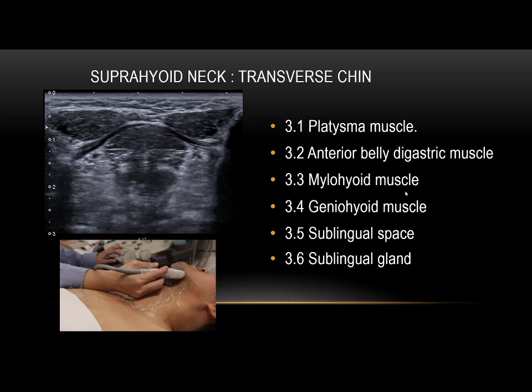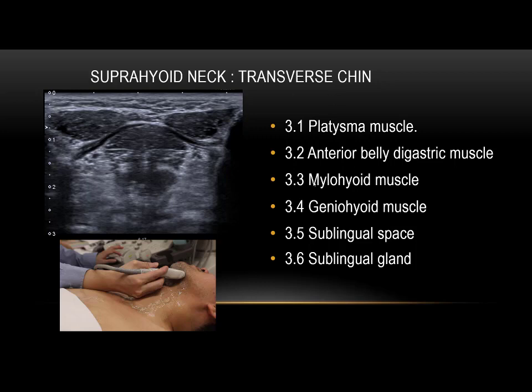The mylohyoid muscle is a sling of muscle, an important structure which separates the submental area from the sublingual space, and it covers more anteriorly and laterally, and posteriorly there's some space that is not covered by the mylohyoid muscle.